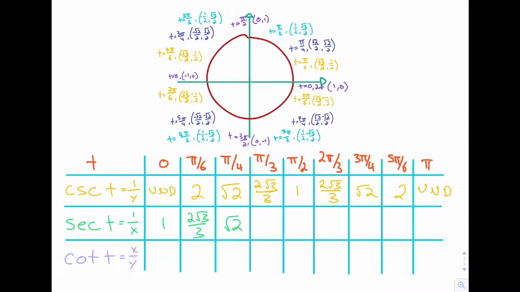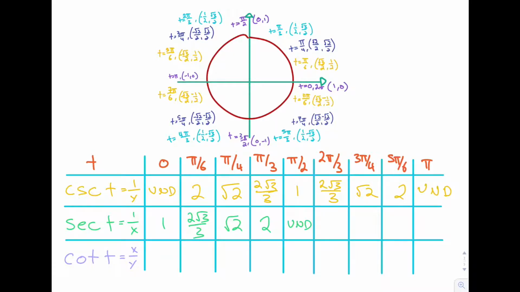Since cosecant and secant are very related functions, just as sine and cosine are, sine and cosine take on the same value at pi over 4, just like cosecant and secant do. So that should explain to you why secant of pi over 4 is root 2. Then secant of pi over 3, that's 1 over 1/2, so we hit 2. And then as we approach secant of pi over 2, that'll go up to positive infinity, so that'll be undefined.